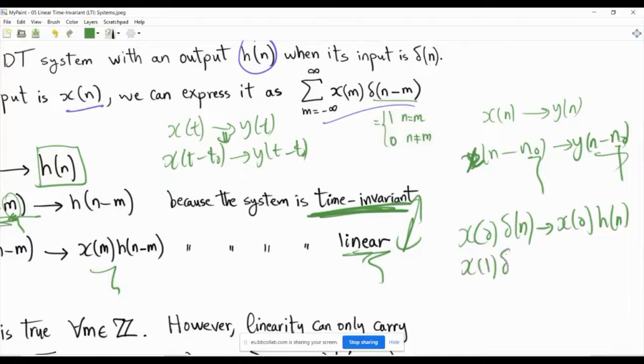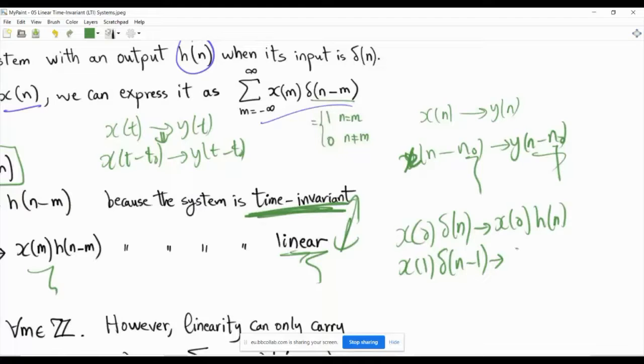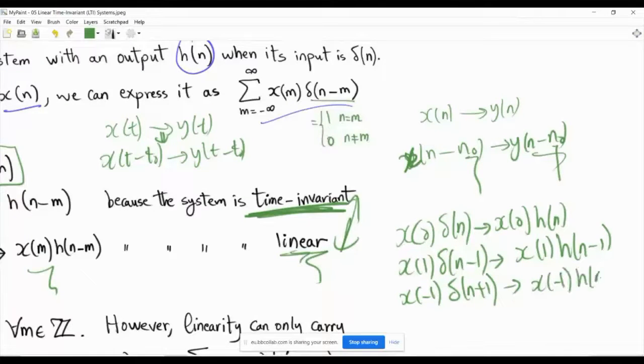X of 1, delta n minus 1, will give you x of 1, h of n minus 1. X of minus 1, delta n plus 1, will give you x of minus 1, h of n plus 1. X of 2, delta n minus 2, will give you x of 2, h of n minus 2. Again, what I said is true for any m that is an integer.